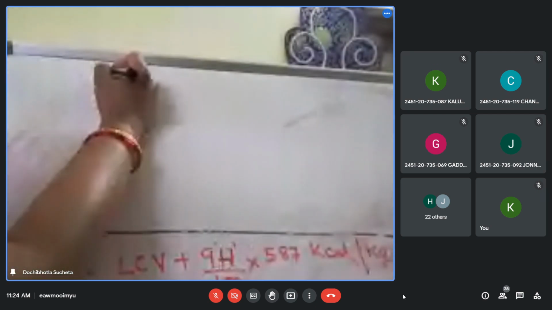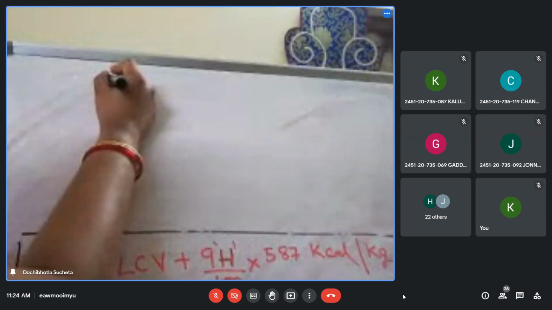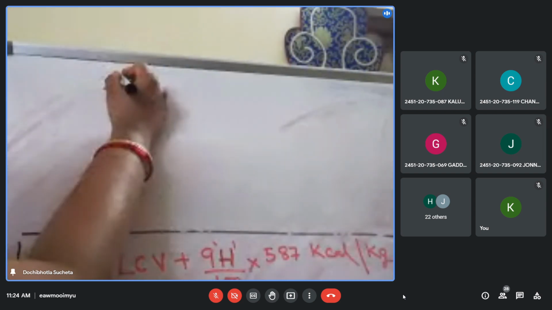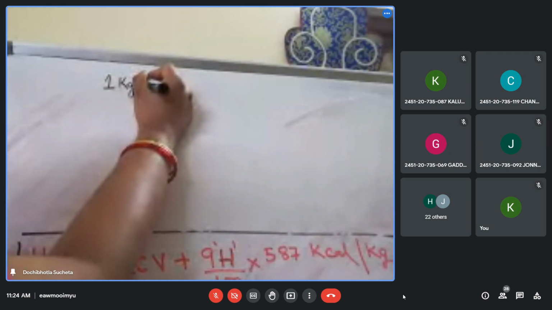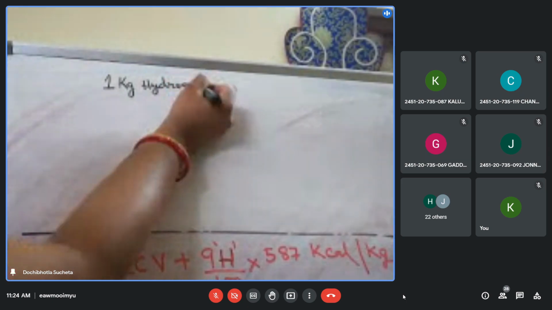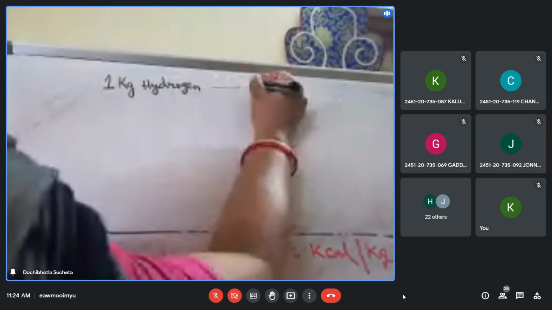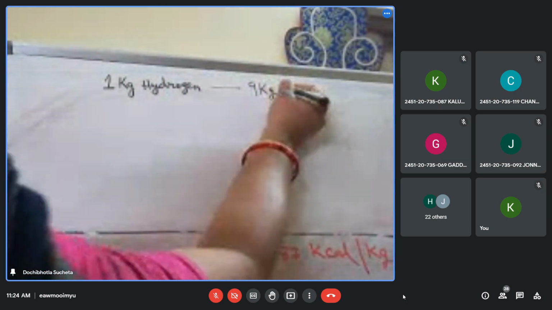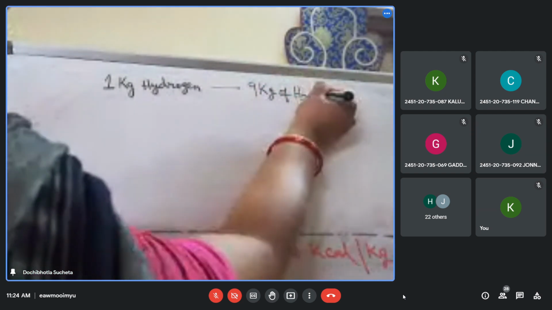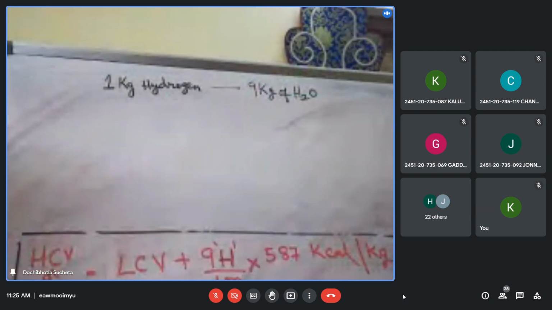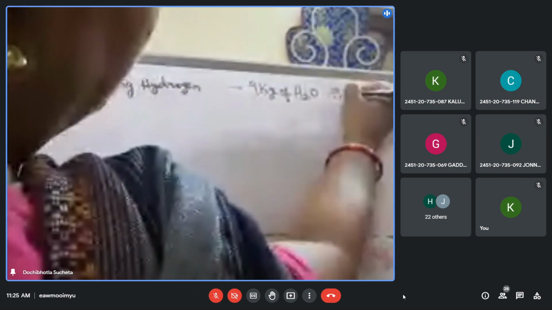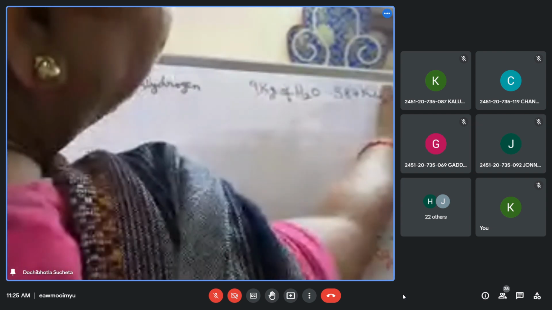So if 1 kg of hydrogen is present, it is forming 9 kgs of H2O, which is undergoing condensation to give latent heat of condensation of steam. How much? 587 kilocals per kg.